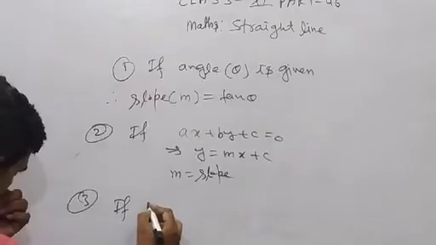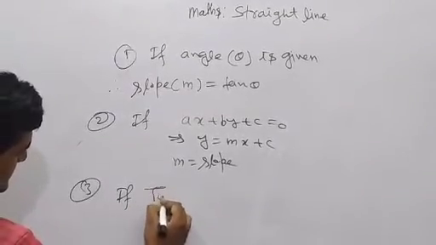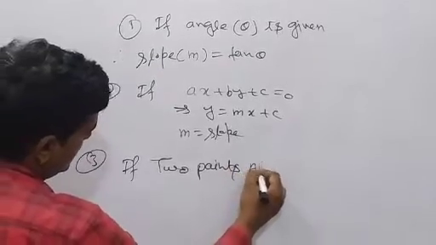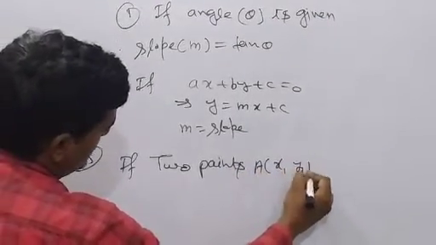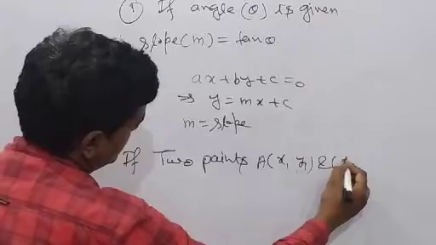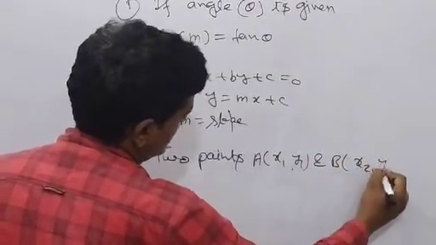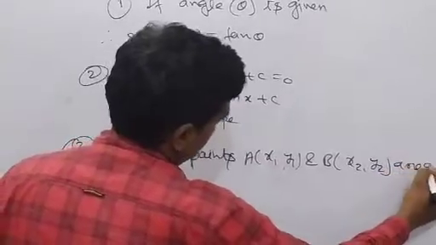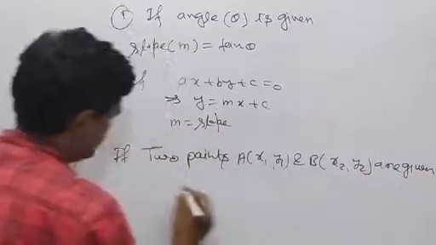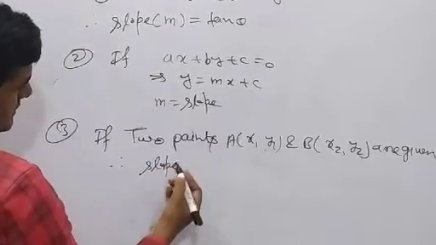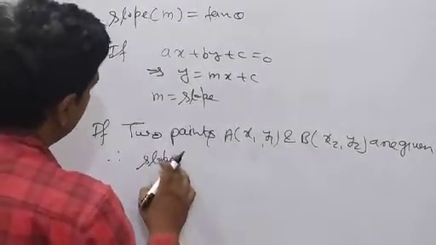Third, if two points A (x1, y1) and B (x2, y2) are given, we have to find the slope.